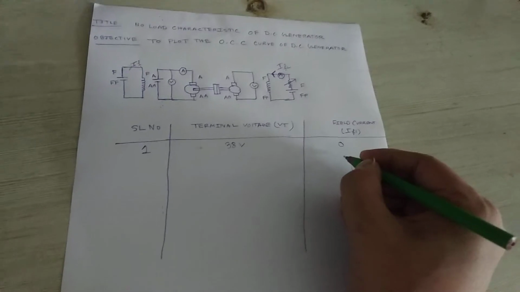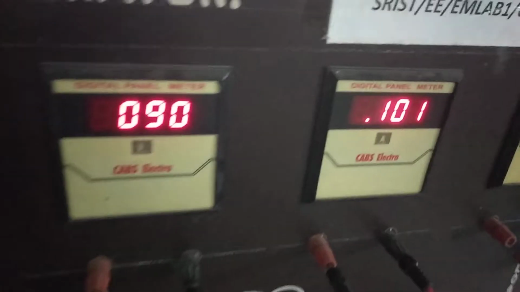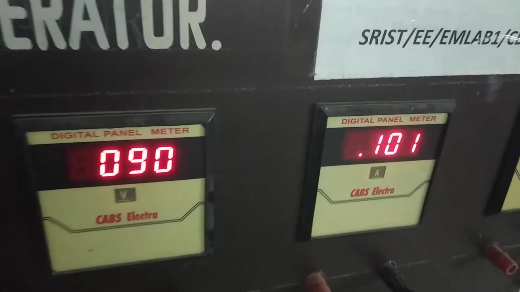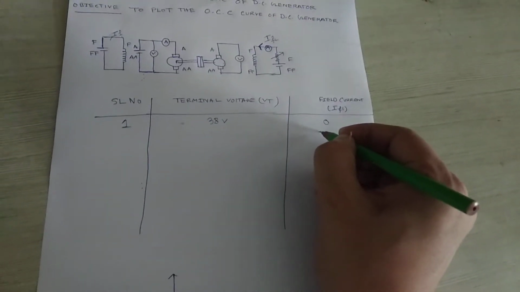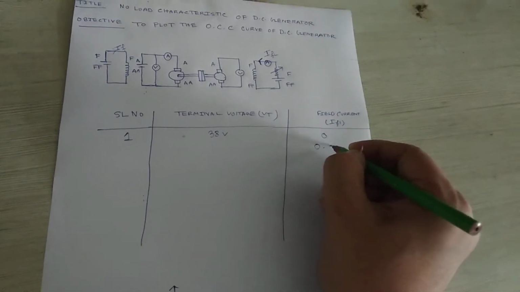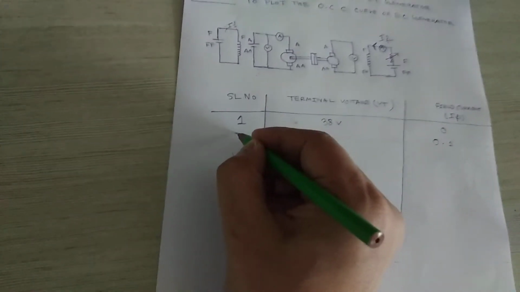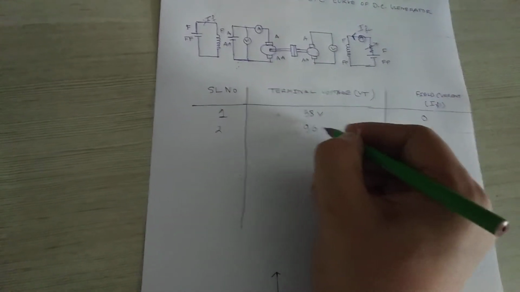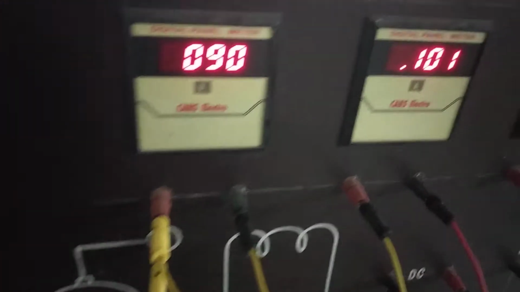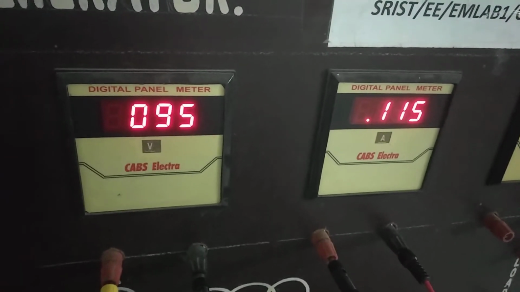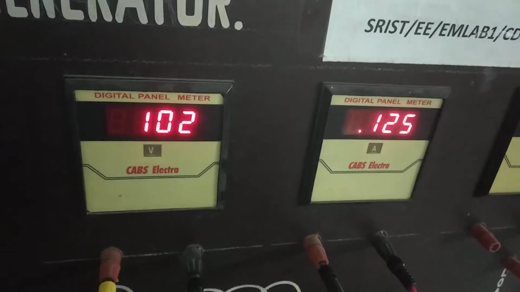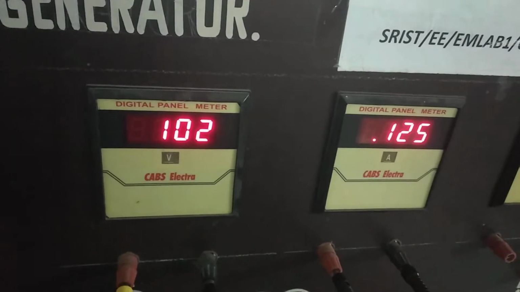So we plot here 0.1 ampere, and serial number 2, the voltage is 90 volt. Now you can see here when the field current is increased, then the terminal voltage is also increased.